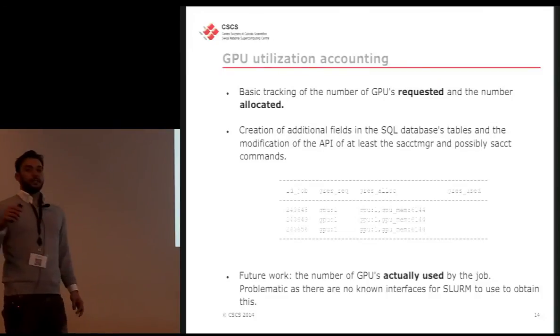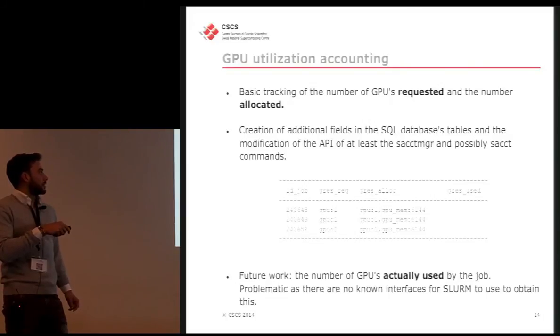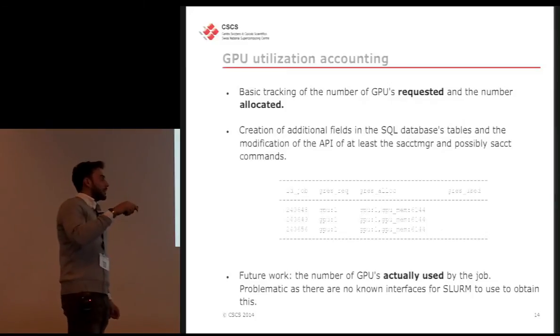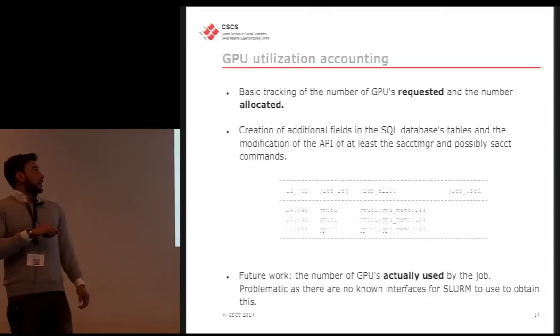Now on the SLURM database, we have 3 more columns to keep track of the generic resources requested for every job and the generic resources effectively allocated. There's a third column, which for now is only a placeholder.